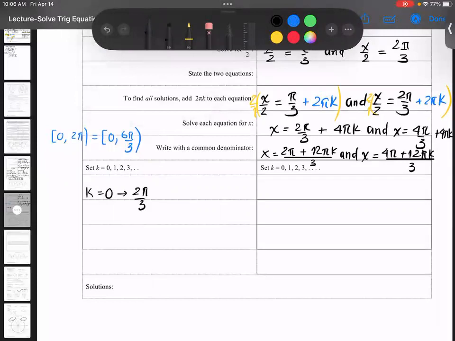What about k equals 1? Oh, that's huge, right? That's 14. Let me put the x, that's a good habit. x equals 14 pi over 3. And you say that it does not belong to 0 to 2 pi.